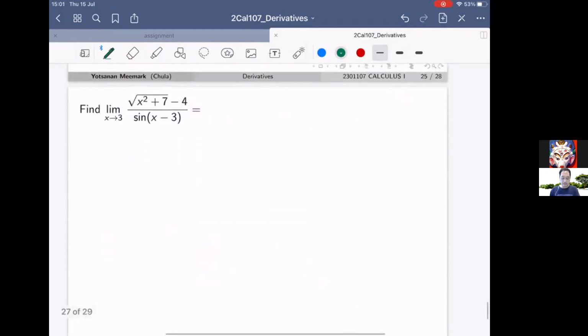How about this one? You see immediately that here's the square root, right? So the first trial that you may think of is to use the conjugate of this square root.